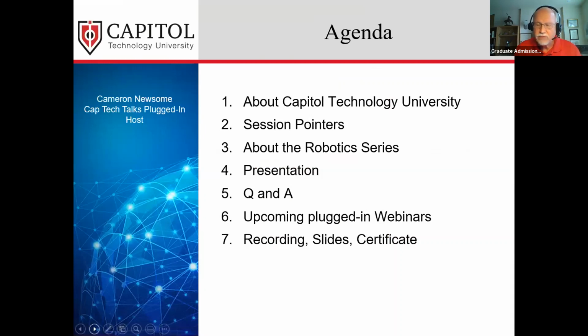Here's the agenda we'll be following for today. If you've sat in on any of these sessions before, some of this will be repetitious until we get to the actual presentation. We will talk a little bit about Capital, then the session pointers, the housekeeping as it were, and a little bit about the series, where Dr. Vijay will join us.